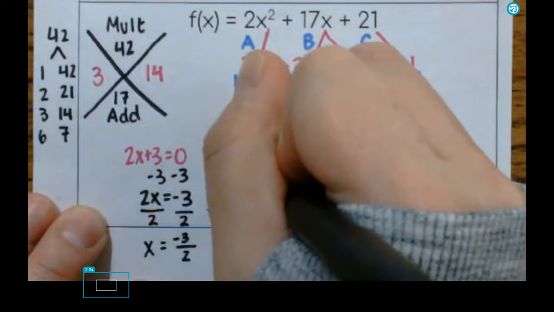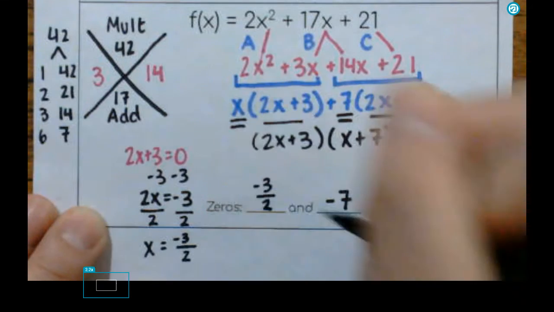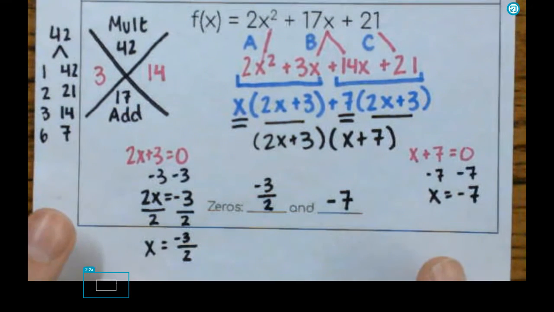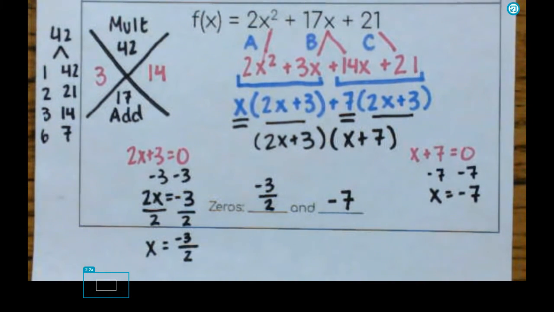We do not want to change it to negative 1.5. Leave it as a fraction, negative 3 halves. Okay, questions right now?